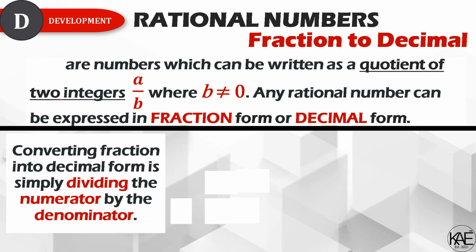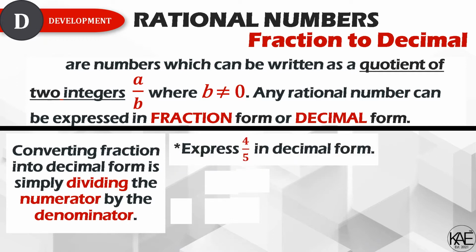Say for example, we have 4 over 5 expressed in decimal form. We simply divide our numerator, which is 4, by our denominator, which is 5. But since 4 is not divisible by 5, we add a decimal place.